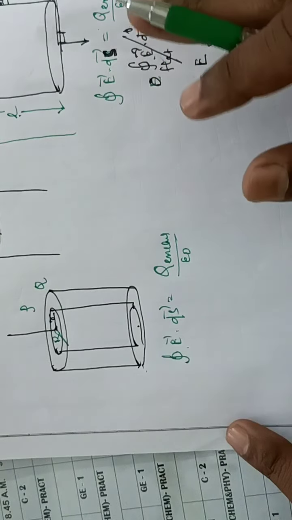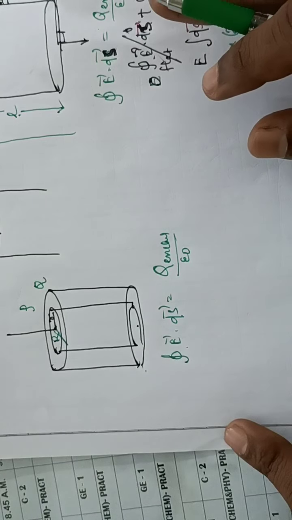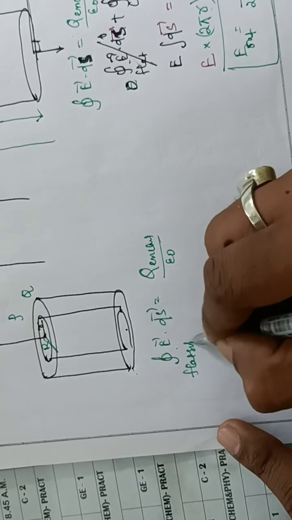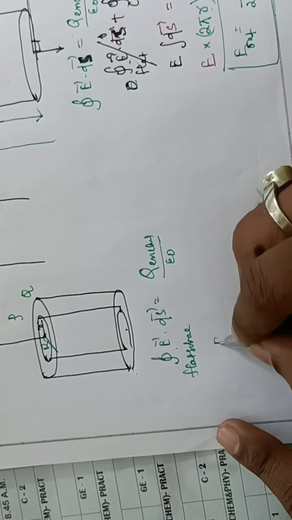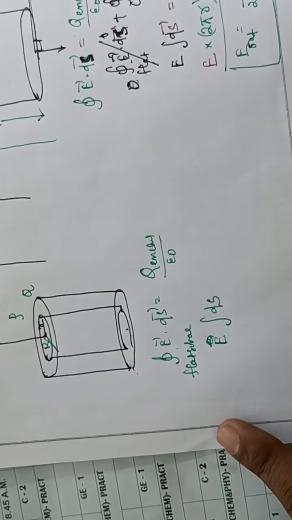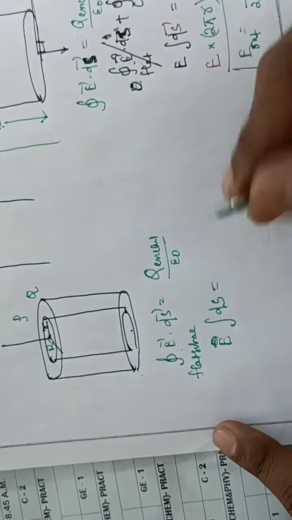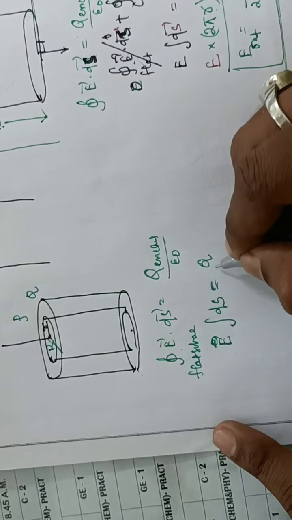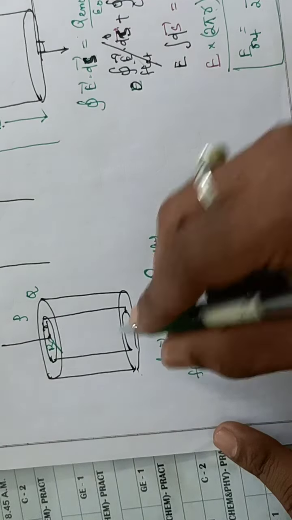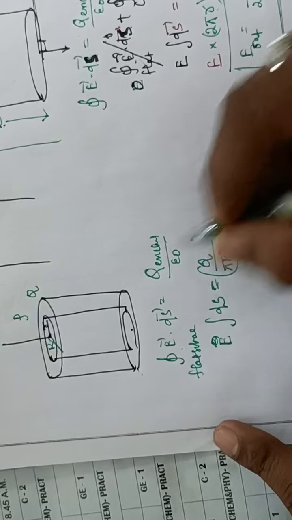For the flat surfaces, the electric field and area vector are already mutually perpendicular, so there is no contribution; we only go for the curved surface. So on the curved surface, E and dS are parallel to each other, and then there is how much charge enclosed. The similar concept I will use: charge per unit volume. What is the volume of the cylinder? That is pi r square L, into this volume.